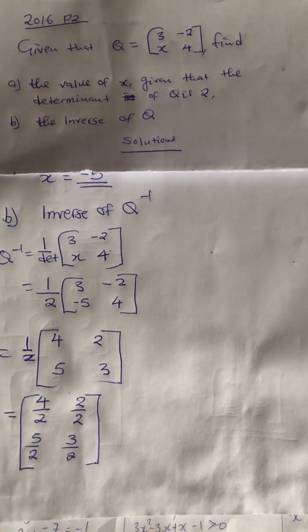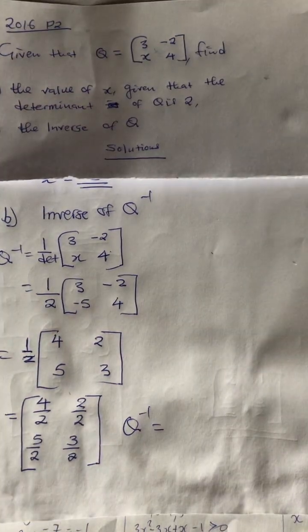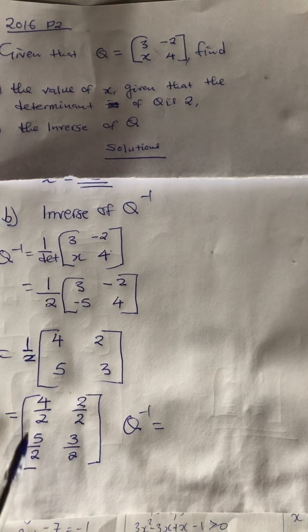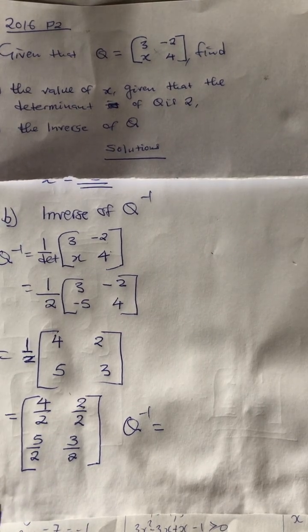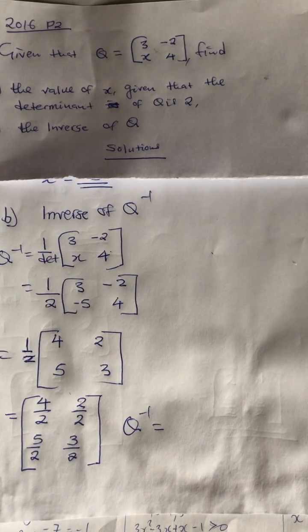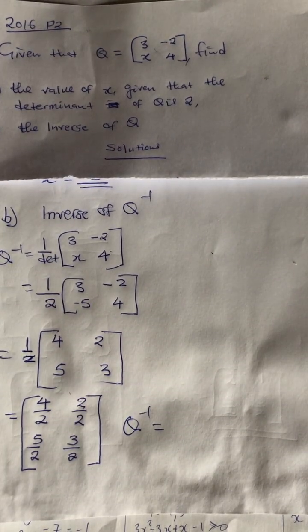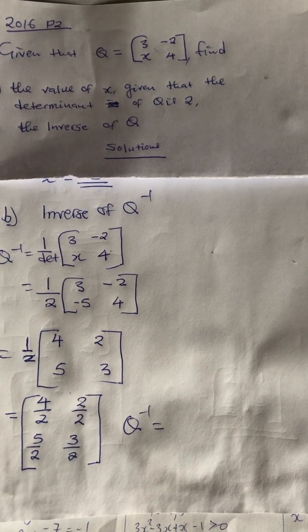Therefore, our Q inverse is equal to, now the only thing I advise is that you divide only those numbers that are divisible, whereby when you divide, those numbers won't leave any remainder. If they leave any remainder, maintain the same numbers the way they are.